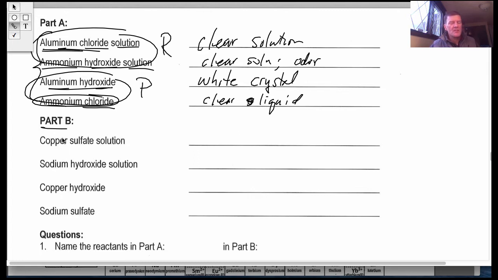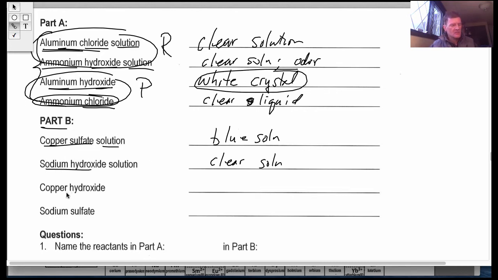For part B of this lab, we have a copper sulfate solution, and this is a blue solution. The sodium hydroxide is a clear solution. So again, these reactions are taking two solutions. We mix two solutions, and we're actually going to get a solid, as you're going to see up here.